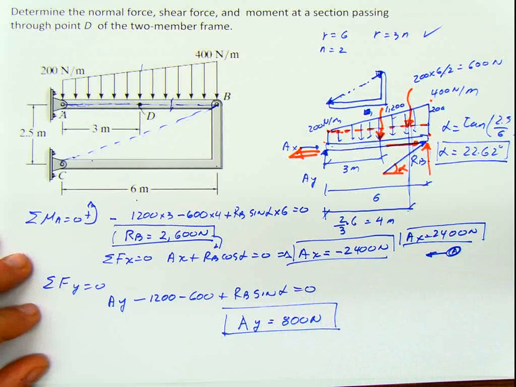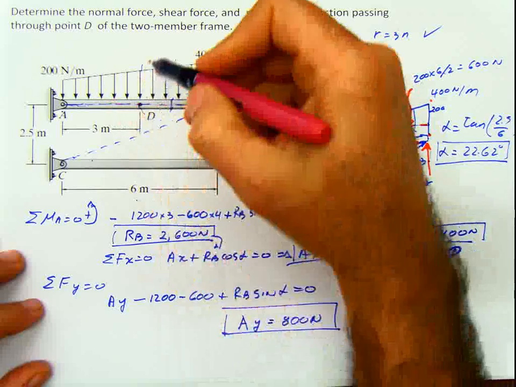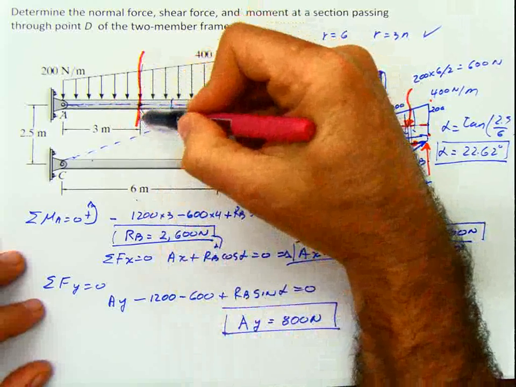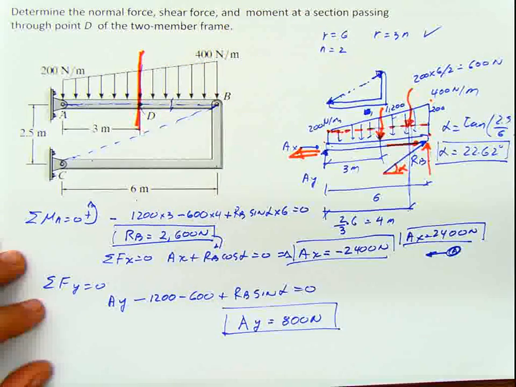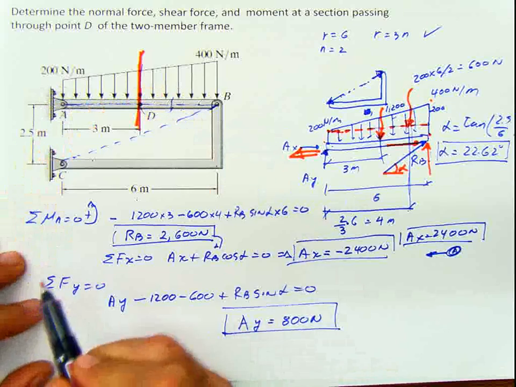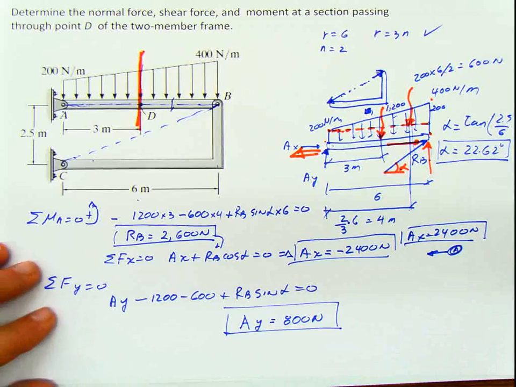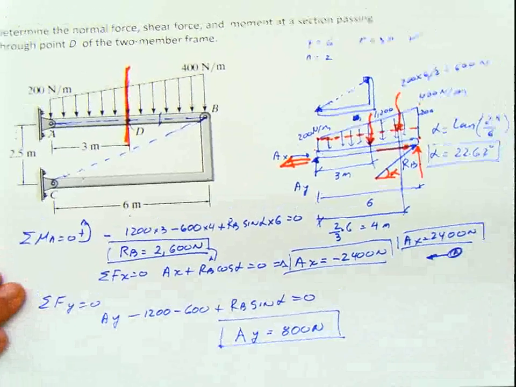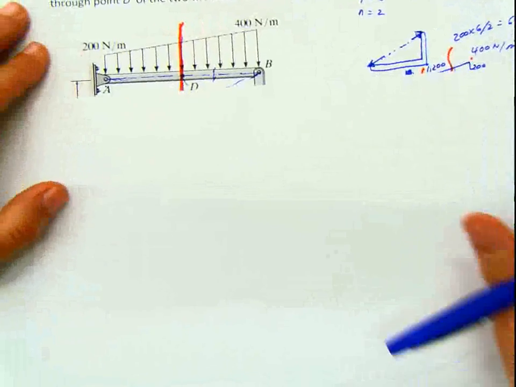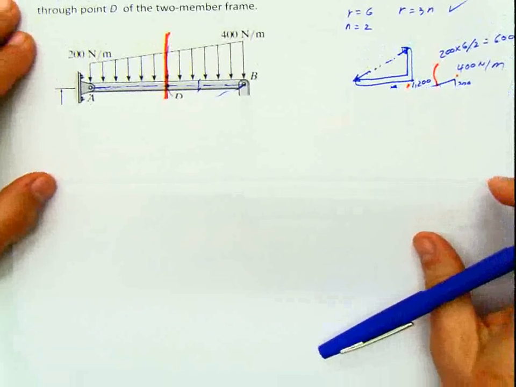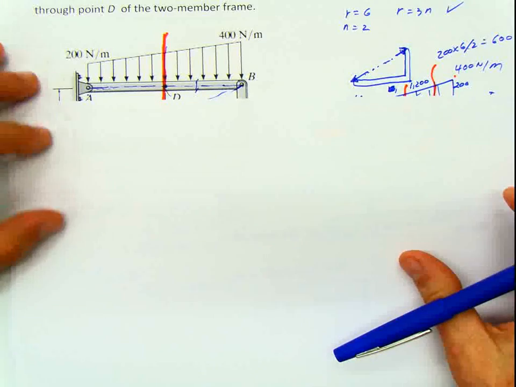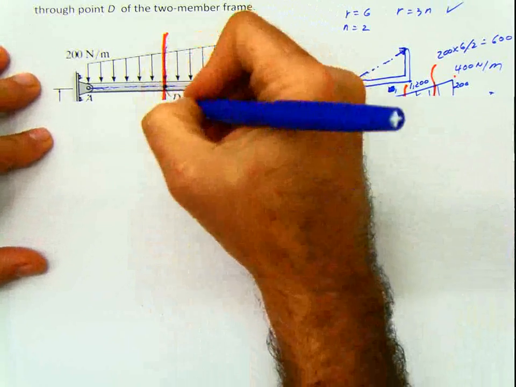Now, once I have the reactions, I can make a section at the point D, which is my point of interest here. Because I already have these two reactions, whatever side I'm going to use, I haven't decided yet. So let's do that. Now let's get that section of the element, and I'm going to make a section here.